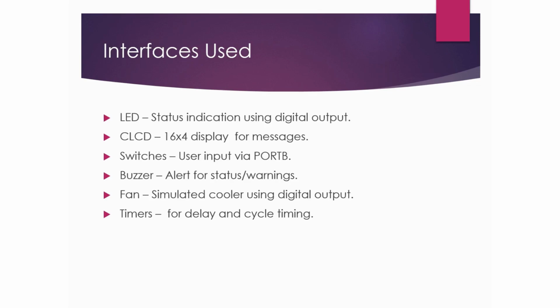And these are the different interfaces, the peripherals that we have used in this project. LED, which is also called light emitting diode, are the semiconductor devices that emit light when an electric current passes through them.